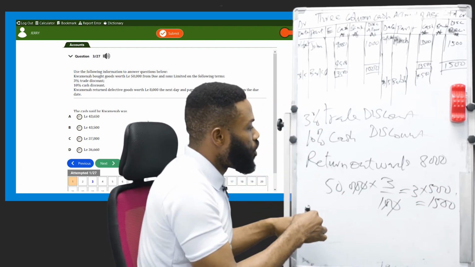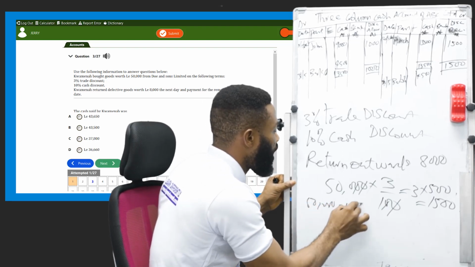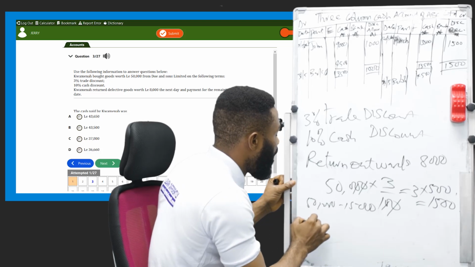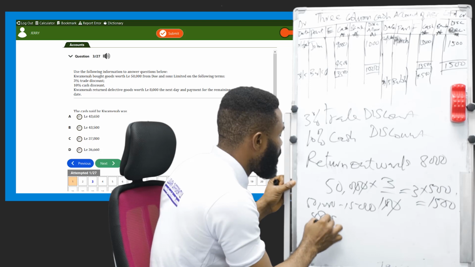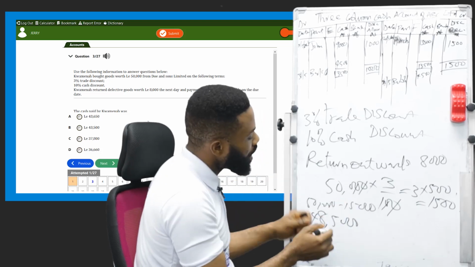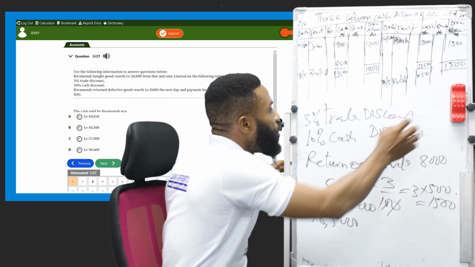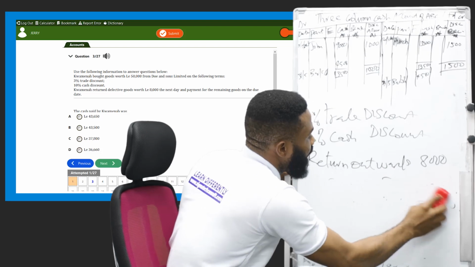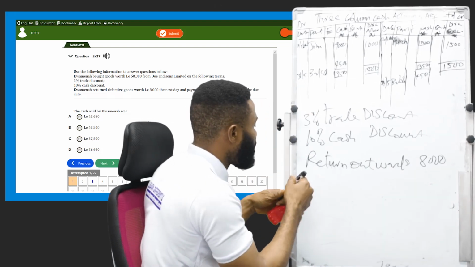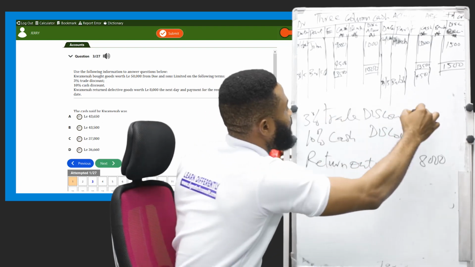So ordinarily, you are supposed to pay 50,000 minus 1,500, which is 48,500. Now, this 48,500 is what you are going to work with. You have effected this.